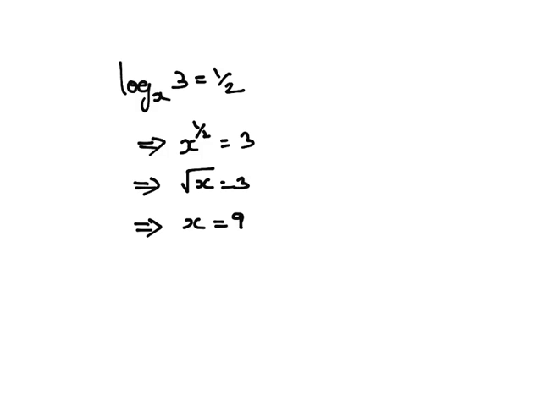Okay, third sum, one more sum. Log of, let's say, 81 to the base 3 equal to x plus 1. Okay, so let us find the answer now. Convert this in exponential form. I write it as 3 power x plus 1 equal to 81.